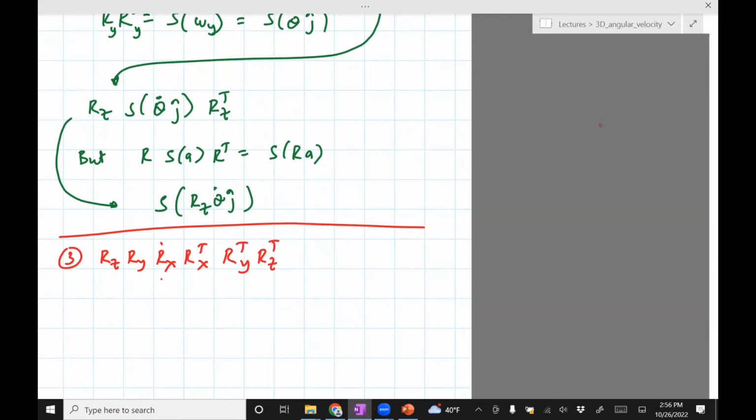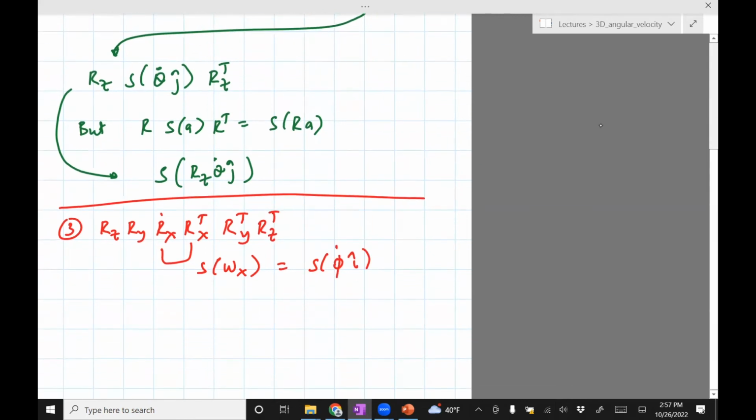Again, I can use the fact that this is S of omega X, which is S of the rotation about the X axis, P dot I. And so I would have RZ RY S of P dot I RY transpose RZ transpose.